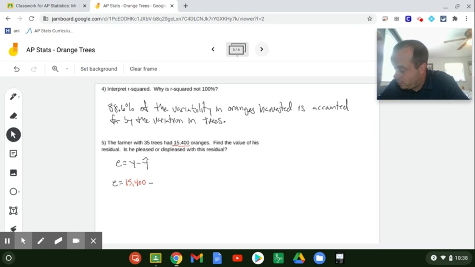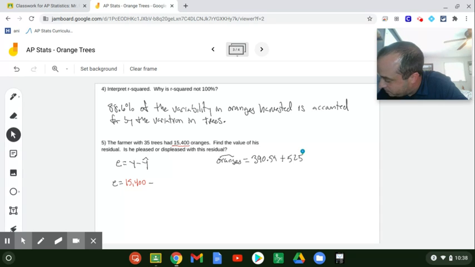Okay, so I know that my equation I had was predicted oranges is equal to 390.59 plus 525.84 times trees. And we just said, right, that we're going to plug in 35 trees. So my predicted oranges here, if we have 35 trees, 390.59 plus 525.84 times 35.